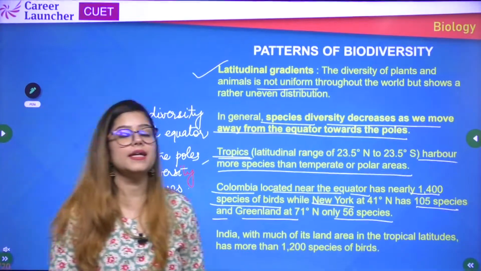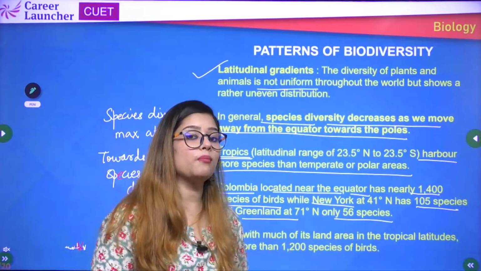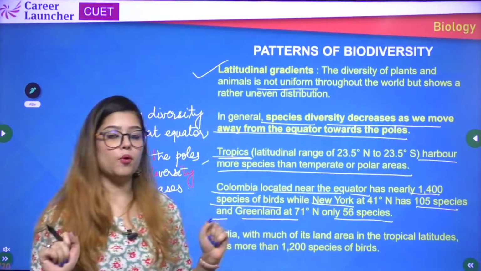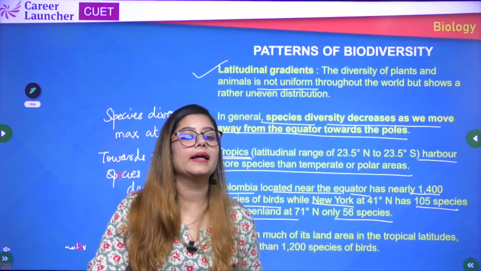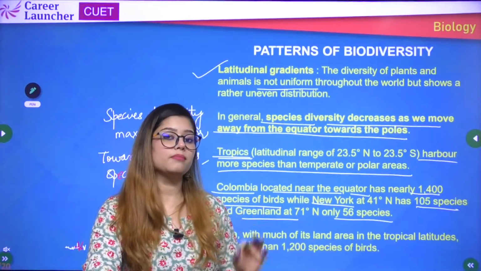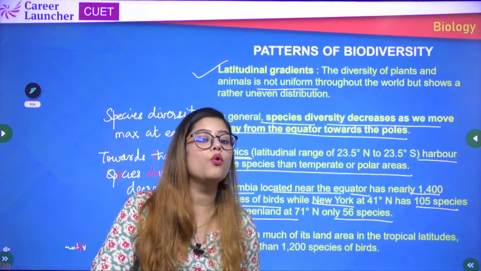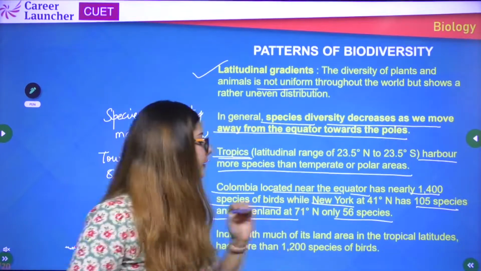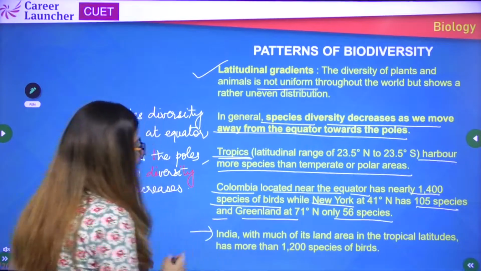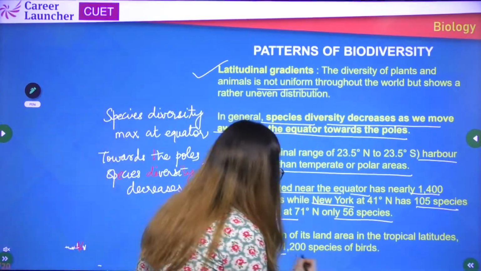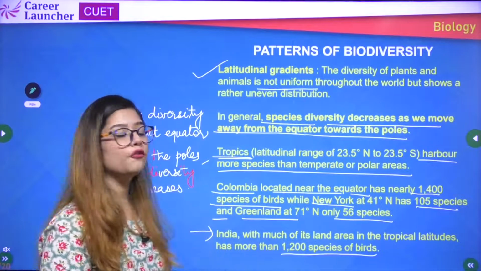So here we can see that as we move away from the equator towards the poles, the number of species of birds are declining. Right? If we talk about India, India has more than 1200 species of birds.